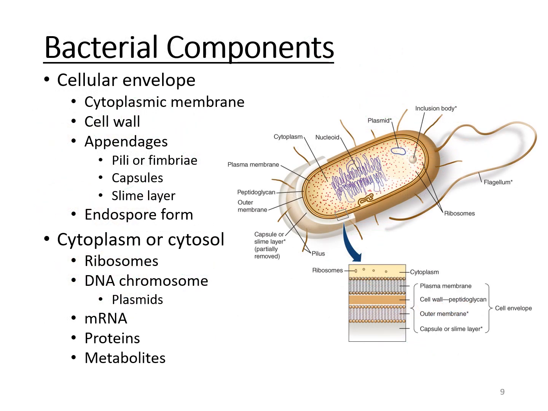So now we're going to talk a little bit about the various bacterial components. And so we can divide this up into the outer cell structure, where it has its actual appendages and various things depending on the particular organism. And so we refer to this as the cellular envelope. And then you also have all of the components that are on the internal part of the cell, or the cytoplasm or cytosol.